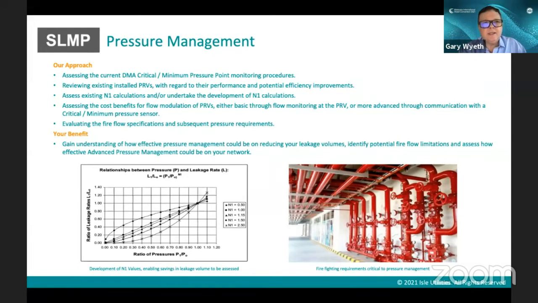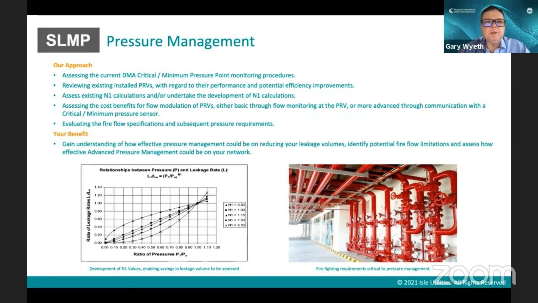But these days, with a lot of systems that have plastic pipes and even some of the older AC pipes that crack rather than burst, as pressure increases the crack gets wider and wider, which can actually increase the leakage volume by more than a square root volume.